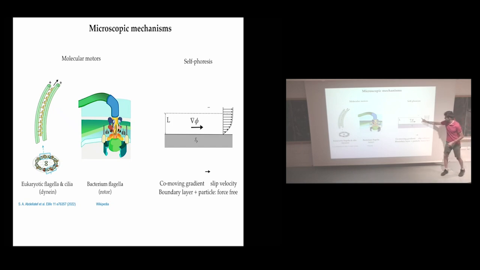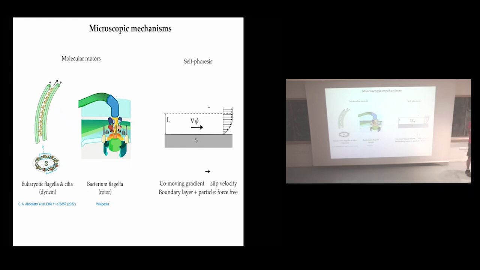So this is a tiny boundary layer. On this boundary layer, because of the imbalances, I repeat, created by this gradient in the interactions between particle and solvent, we have this slip velocity. So then altogether, since we are not applying any external force, there's just an imbalance between the forces on the particle and the tiny boundary layer.